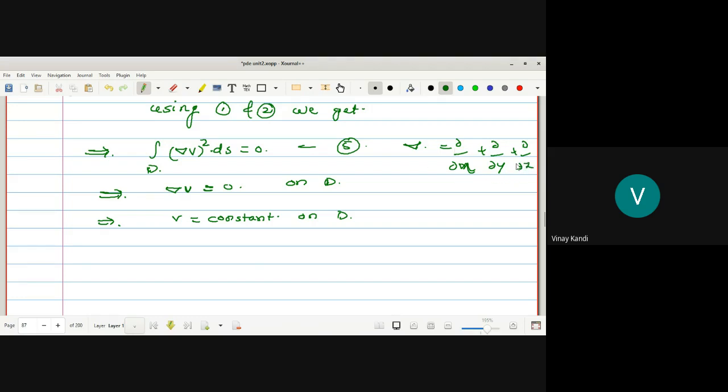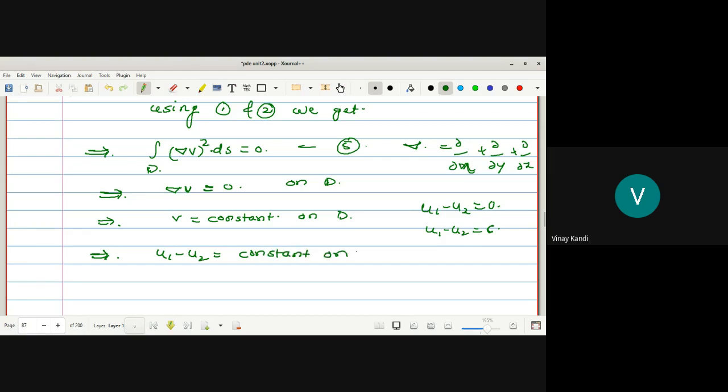So here del v is equal to 0 on D. It implies that v is equal to constant on D. If that constant is 0, we get u1 minus u2 is equal to 0. If the constant is c, then u1 and u2 differ from one another by constant c. So this implies u1 minus u2 is equal to constant on D.